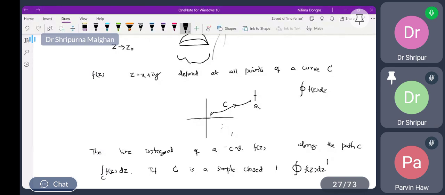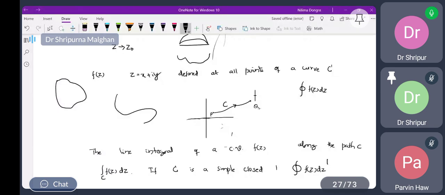A simple closed curve is one wherein there are no cross cuts, the curve does not intersect itself. For example, a circle, a square, an ellipse, where we are not getting any intersection, are called simple closed curves.